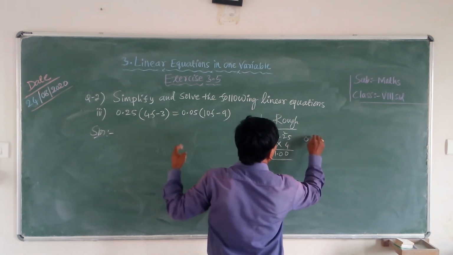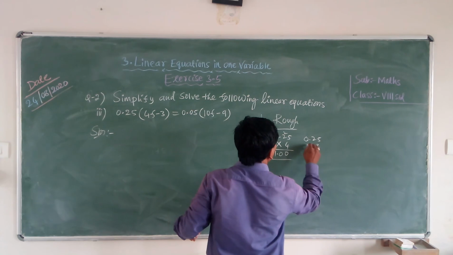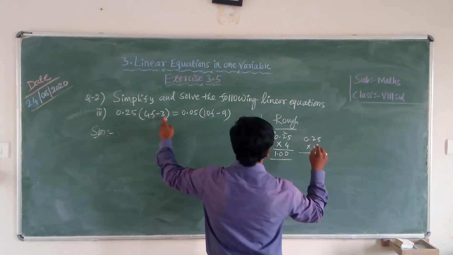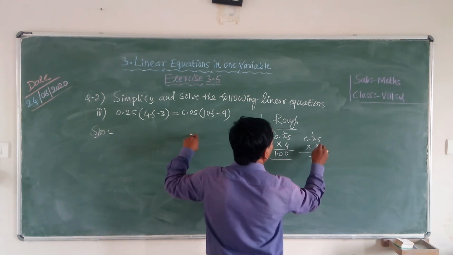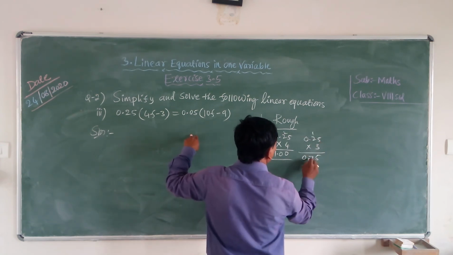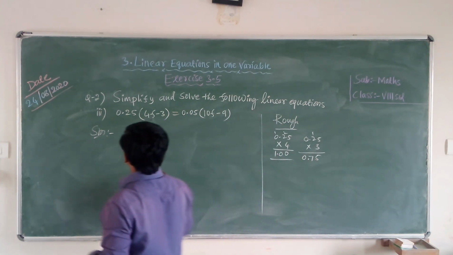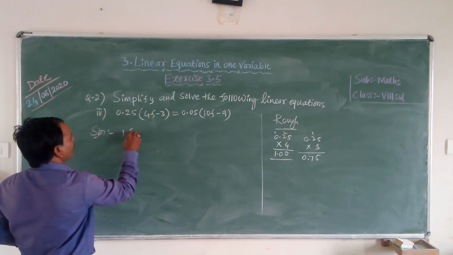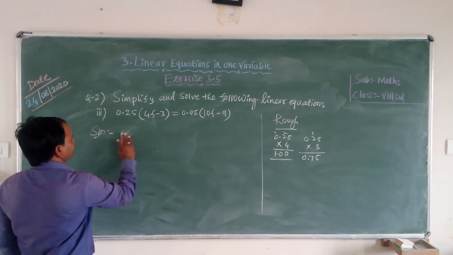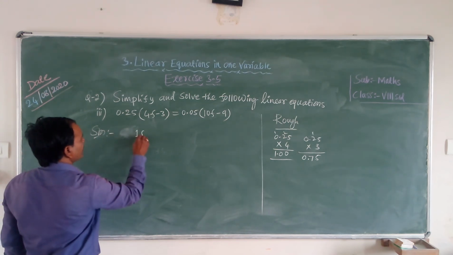Next, 0.25 into 3: 3 fives are 15, carry 1, 3 twos are 6, plus 1 is 7, so 0.75. So 0.25 into 4 means 1f.